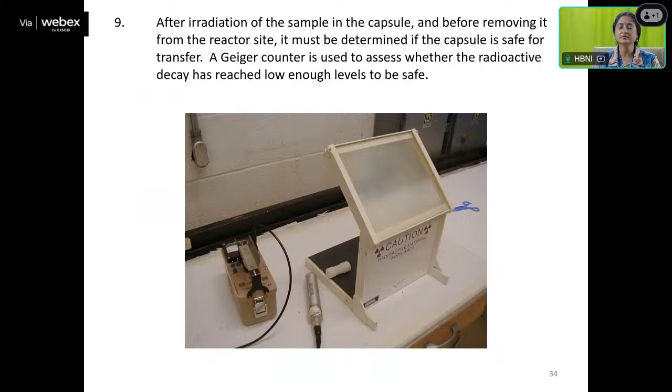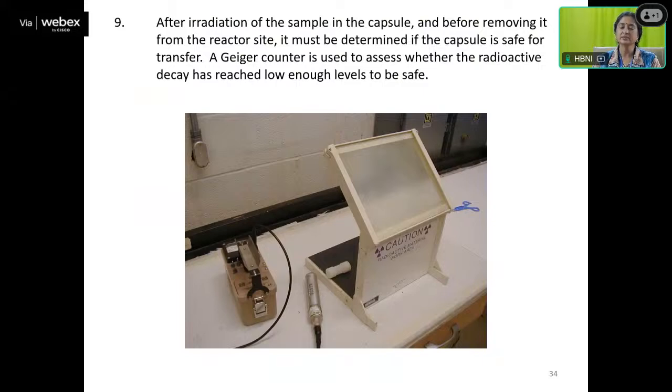The sample stays there for a predetermined time, because depending on your analyte, you must have calculated how much time is required for its irradiation. For that amount of time it stays there and gets irradiated. After that you bring the sample back to your lab for counting.